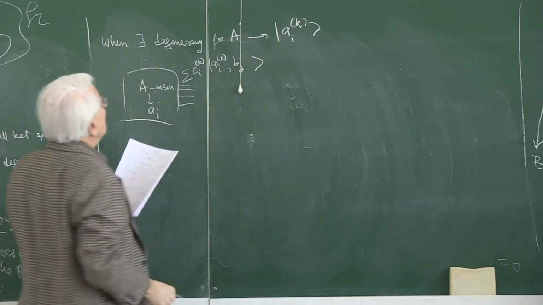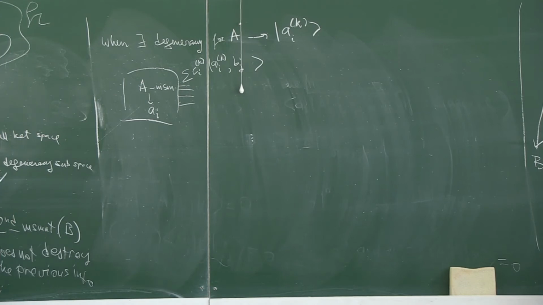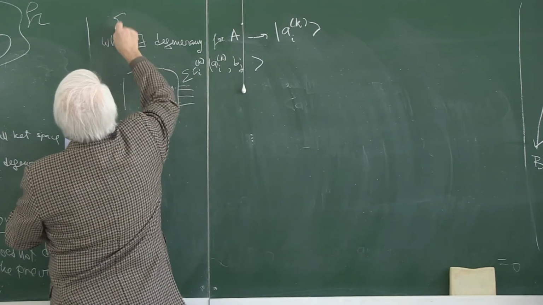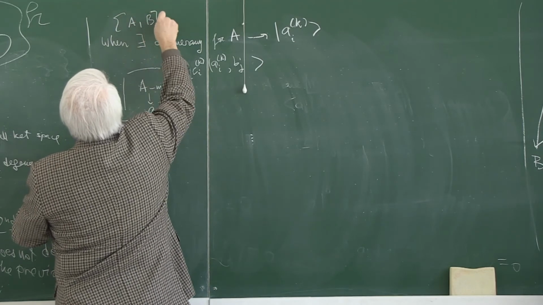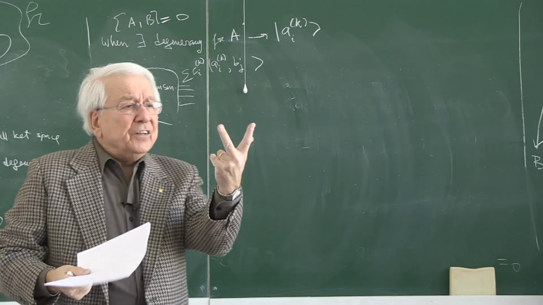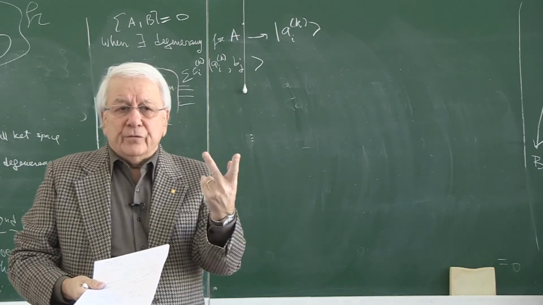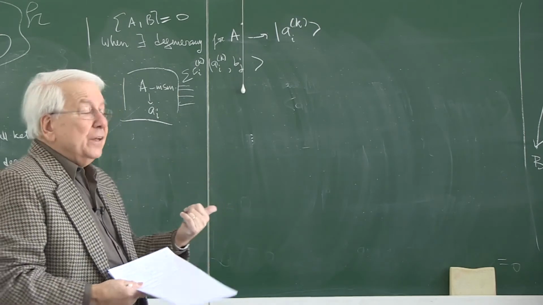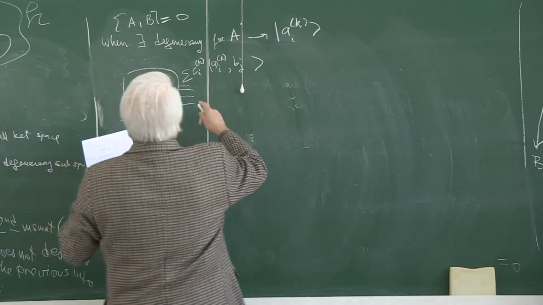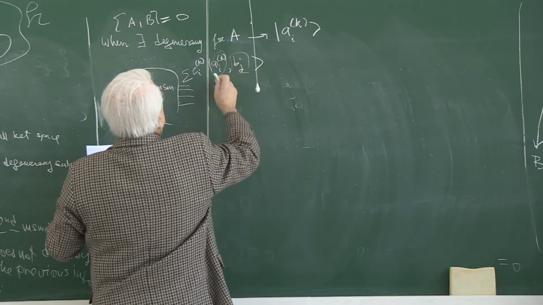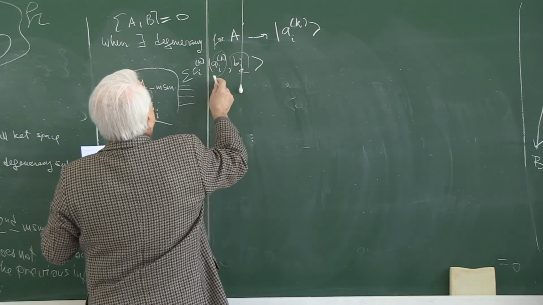I assume that they're both compatible, although they commute. Therefore, a simultaneous eigenket should carry two sets of information. One is associated with the B, one is associated with the A. The A part is complicated. It is this. And the B part is this.